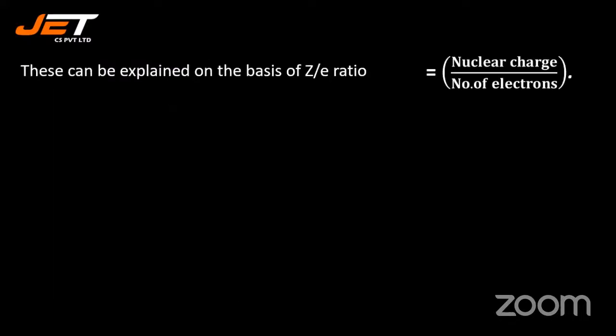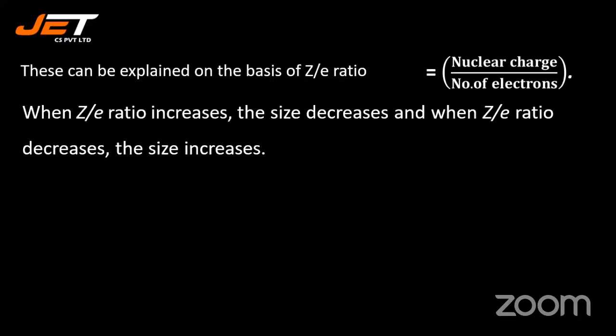So this can be explained on the basis of the Z by E ratio, where E is the number of electrons and Z is the nuclear charge. When the Z by E ratio increases, size decreases. Remember this: Z by E increases, size decreases, and when the Z by E ratio decreases, size increases.